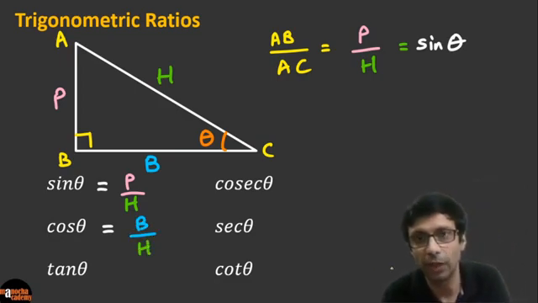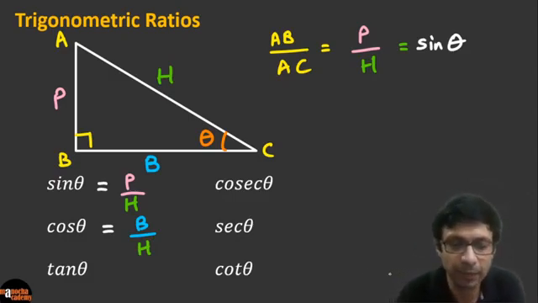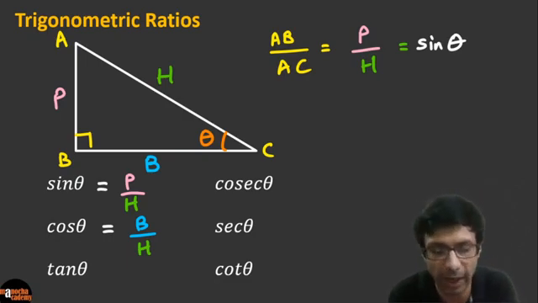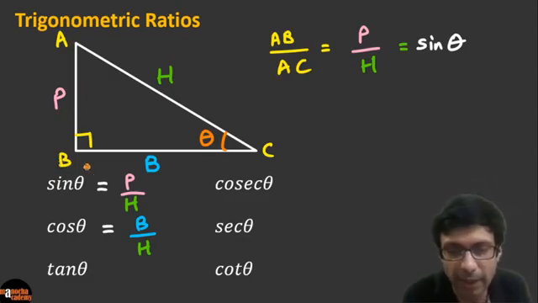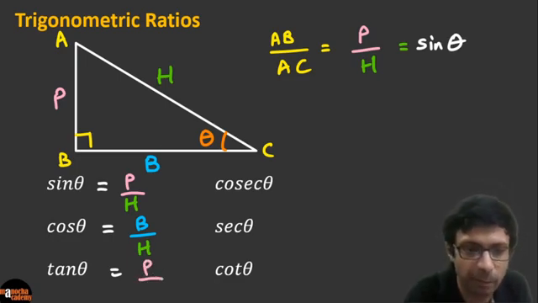So sine of theta means sine of this angle is P by H and cos theta is B by H. Clear? And then if you take the other ratio, so we are taking the ratio of two sides, right? Not the angles, the ratio of the two sides. Now if you take the ratio of AB by BC, which is P by B, what do we get guys? So it's going to be tan theta, perpendicular by base.